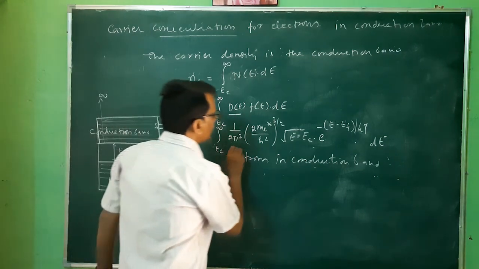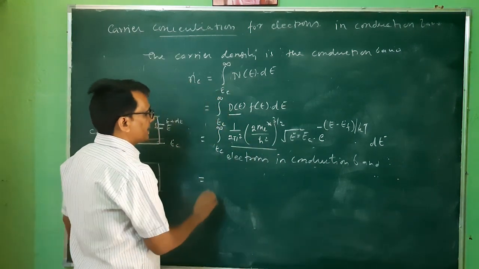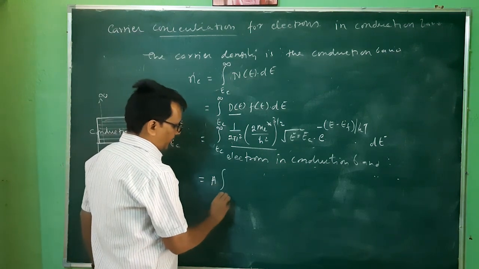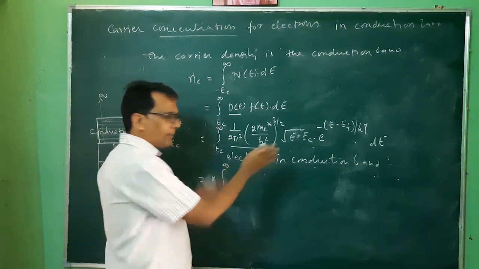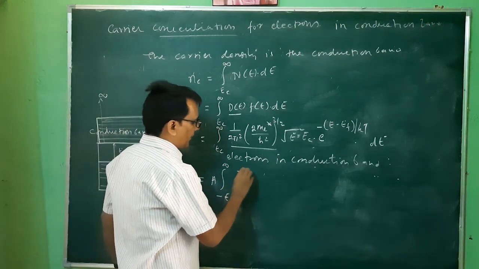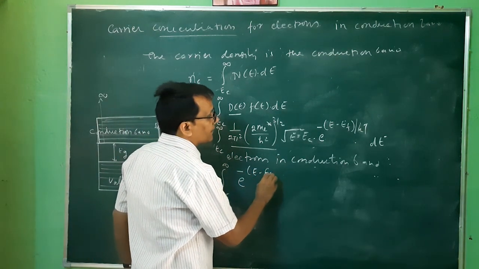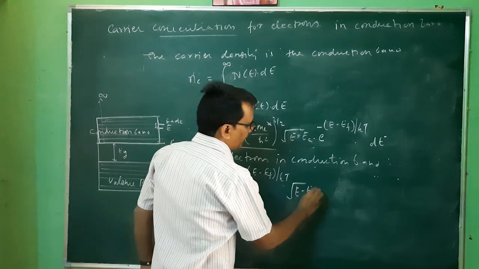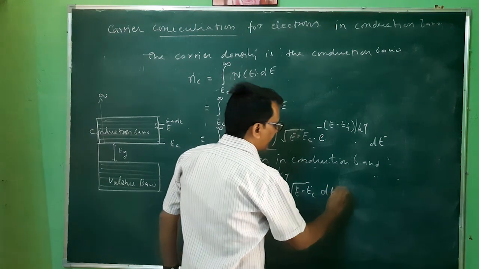Now this prefactor is a constant, so we can replace it with A, leaving the integral of exponential of minus (E − EF)/kT multiplied by √(E − Ec) dE.